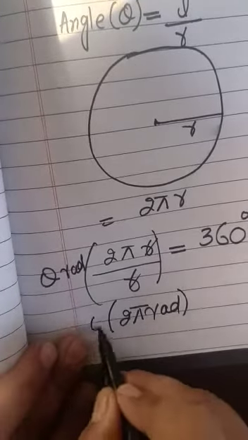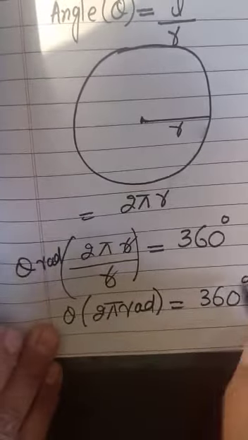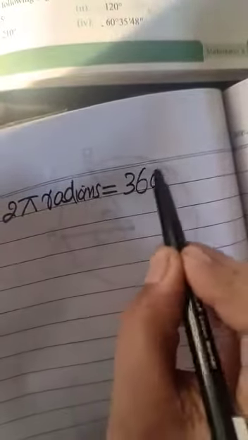Of which theta is equal to what? 360 degrees. Now this 2 pi radians is equal to how many degrees? It is equal to 360 degrees. 2 pi radians is equal to 360 degrees.